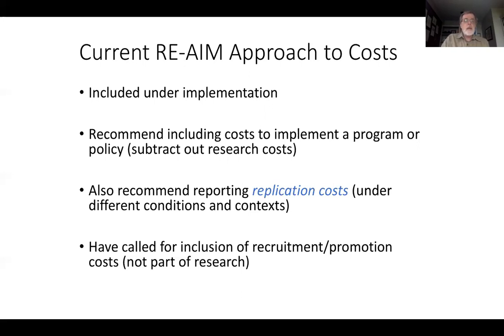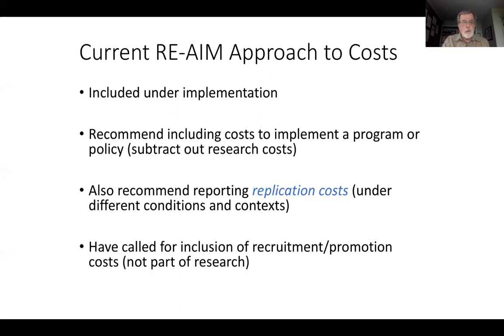A third point, not as universally done, but one that I recommend, and it was talked about in the Ritzwaller articles if you had a chance to read them, is reporting replication costs. This means taking what it cost in your particular study or project, but not stopping there, and then extrapolating or estimating what it would cost a different type of setting under different conditions and contexts, with a different staffing program.